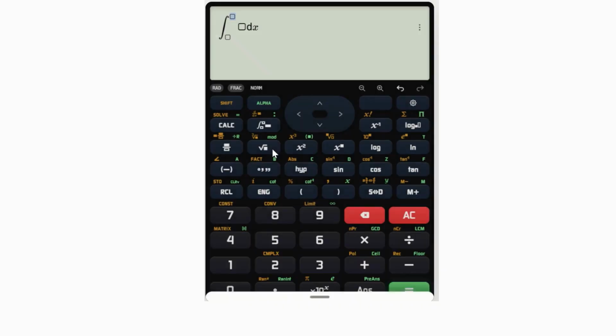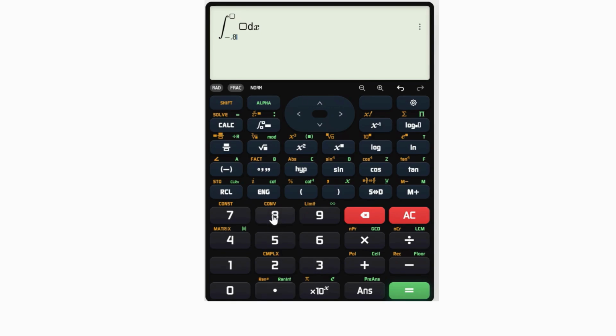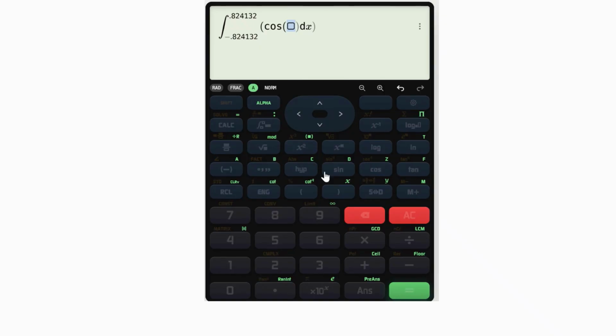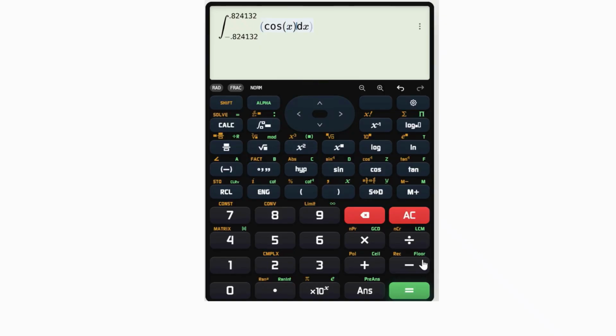Integral, your lower limit is negative 0.82413 and your upper limit is 0.82413, and as I told, your maximum function is cos x, so cos alpha x minus.